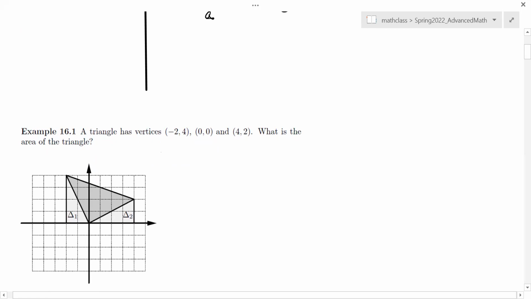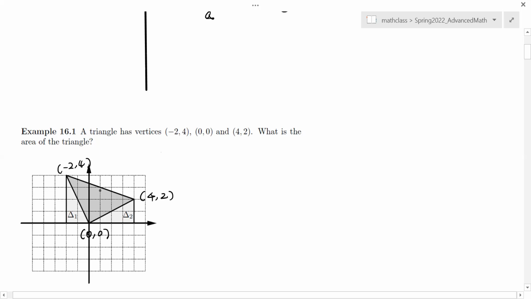So let's plot those 3 points: here's (0, 0), then (4, 2), and the point (-2, 4). You have 3 points, and you connect them, you get a triangle.